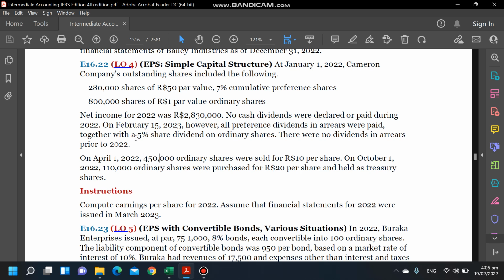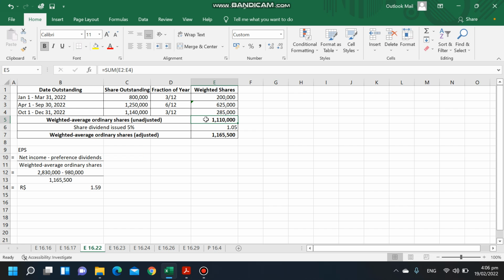Now we need to adjust it for the 5% share dividend. That's why we multiply this total by 1.05 because of the share dividend. So the adjusted weighted average ordinary shares is 1,165,500.